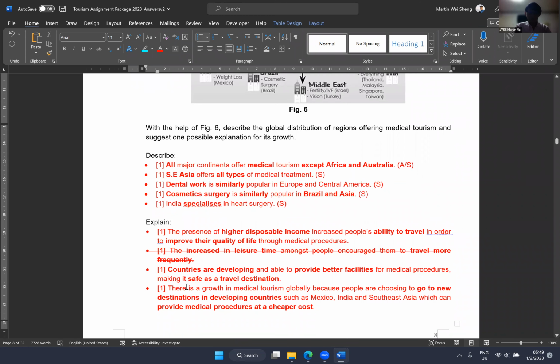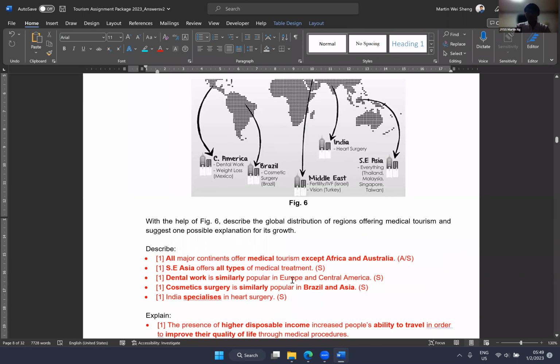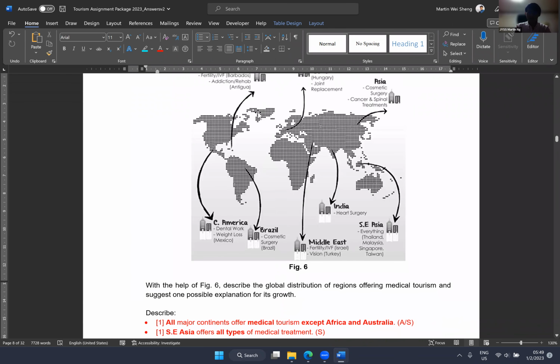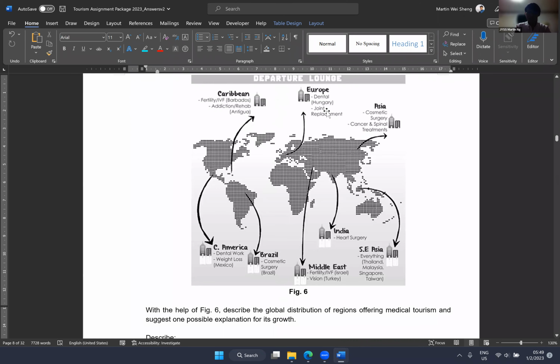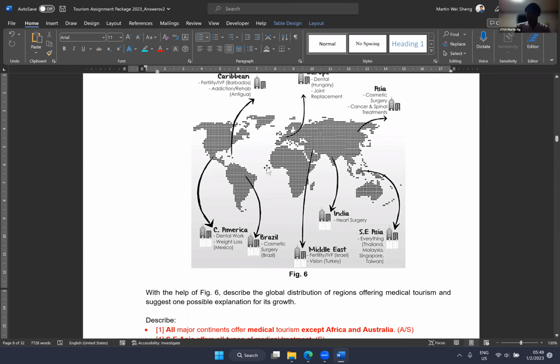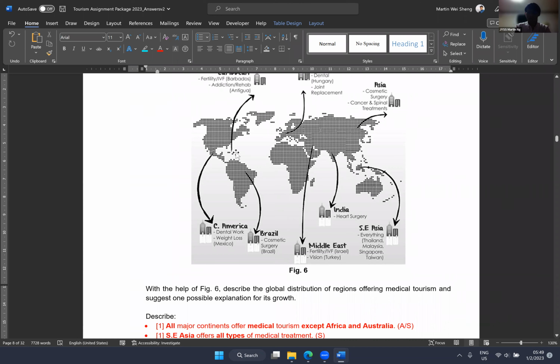All right. And then the final point, there's a growth in medical tourism because people are choosing to go to new destinations in developing countries. Okay. So you notice that among this map, it is not only the rich countries which have medical procedures. Even in developing areas such as Central America, Southeast Asia, India, right?